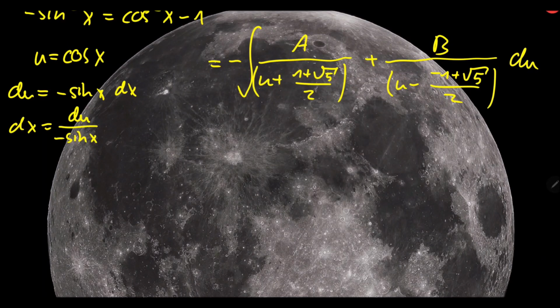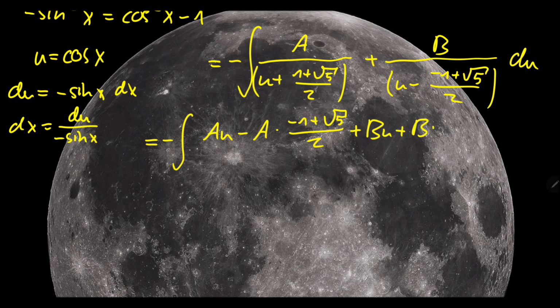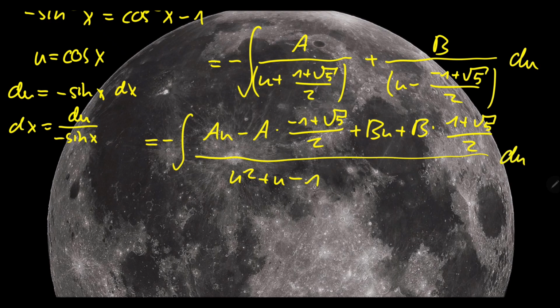And the way to do this is to just recombine the fractions, giving us minus the integral of au minus a times minus 1 plus the square root of 5 over 2 plus bu plus b times 1 plus the square root of 5 over 2, and all of that over u squared plus u minus 1 times du.